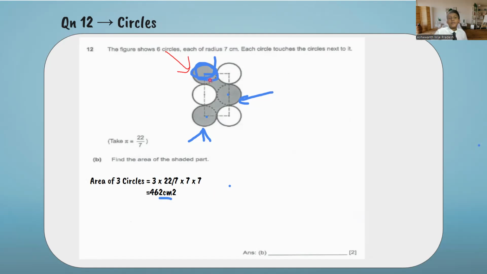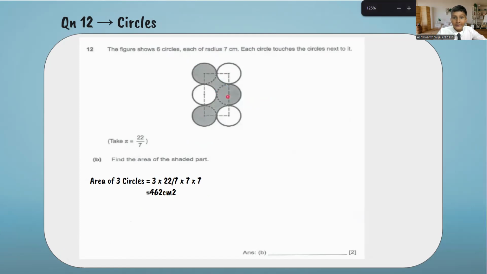Now, how are we going to find the area of this diamond-shaped thing? So, let me erase everything and show you. So, when we zoom in here, you will notice that when you split this into 2, do you realize that this is a square along each diameter?